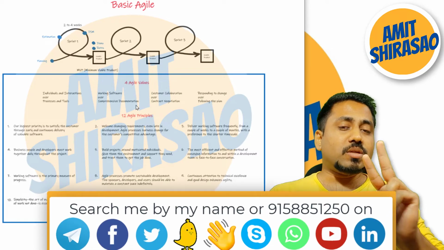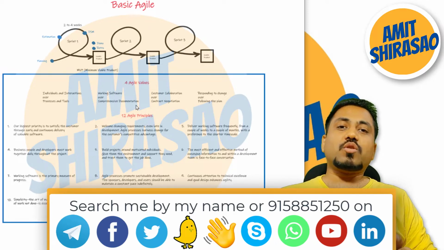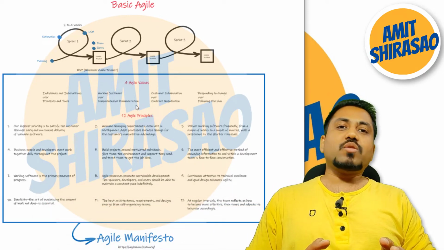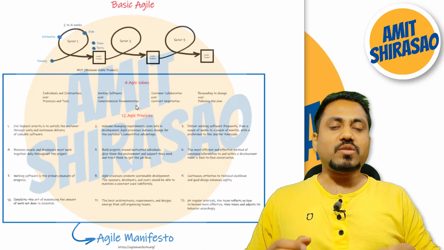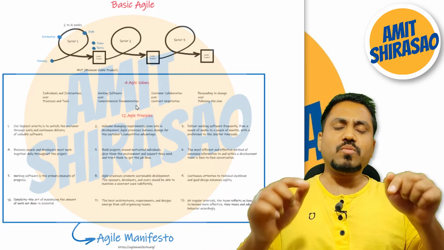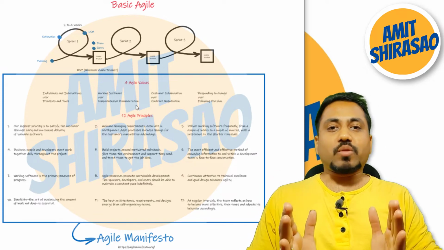Point number two, in Agile, what they want is, you are not going to show me documentation. You are not going to show me words that, okay, it's going to be like this one year down the line, no promises. You show me working code and I'll decide whether you are on track or not.